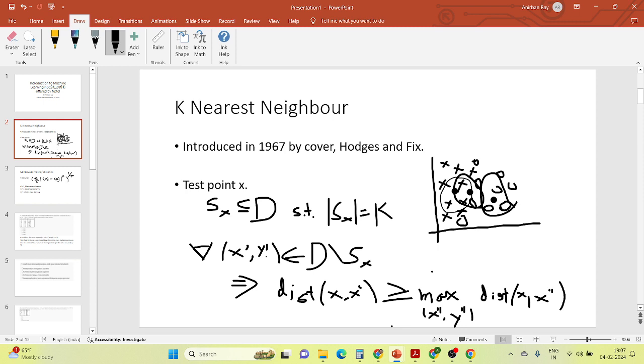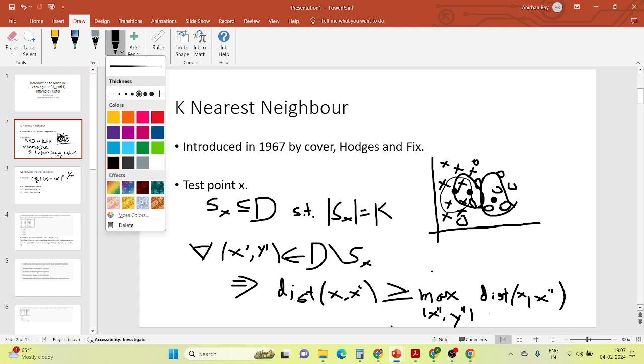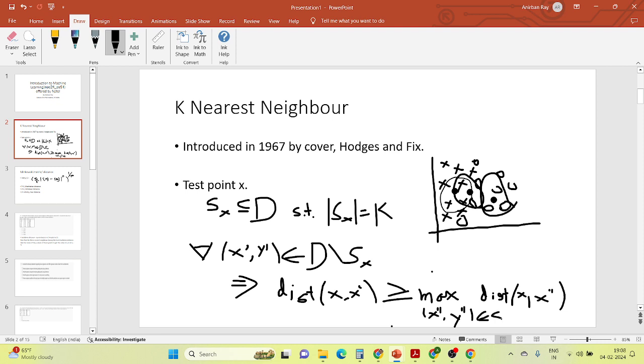We have a point which is not nearest to x, but it is inside D. So k nearest neighbor says that the distance between our test point x and x dash should be greater than the maximum of the distance between x and the points in Sx. If x dash, y dash is not nearest to x, that is, it is not part of Sx, then the distance between the test point and x dash, y dash should be more than the maximum of the distance between x and a point that is nearest to x. Is it clear?